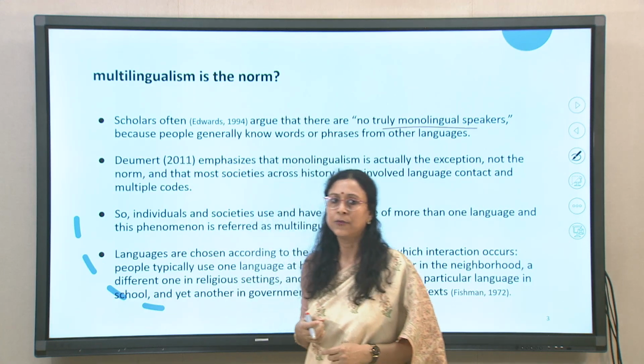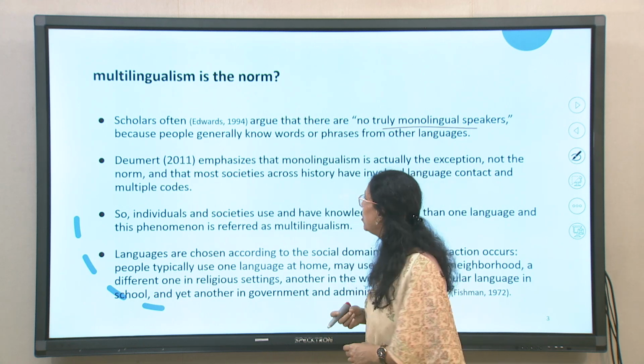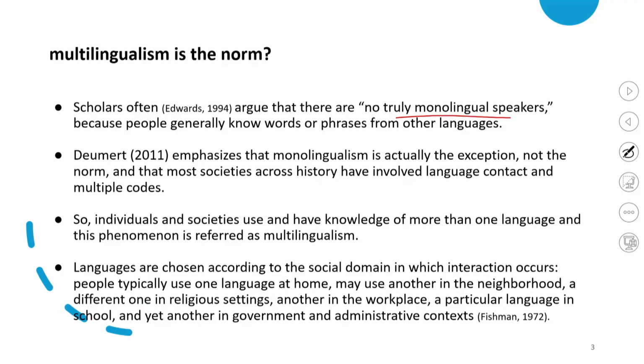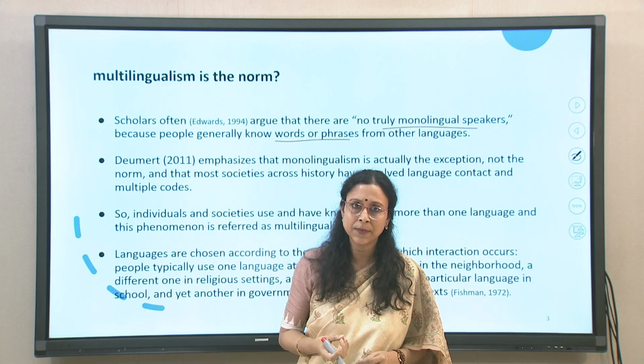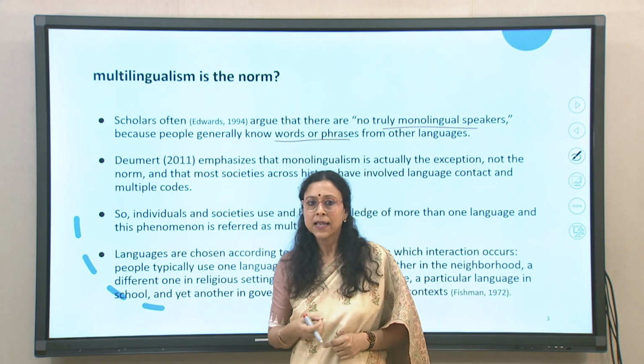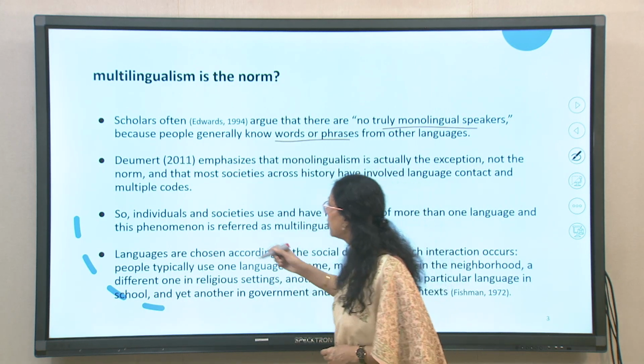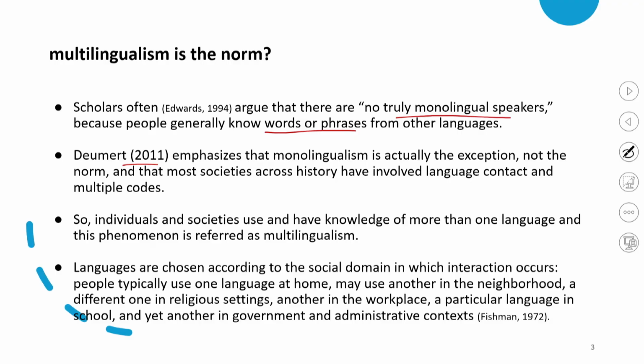That is why Edwards says that there is no truly monolingual speaker, because people generally know at least some words or phrases from another language. Even if they do not speak more than one language, they will at least know some aspects of it. Similarly, other scholars more recently have emphasized that monolingualism is actually the exception, not the norm, and that most societies do have a history of multiple codes and multiple languages.